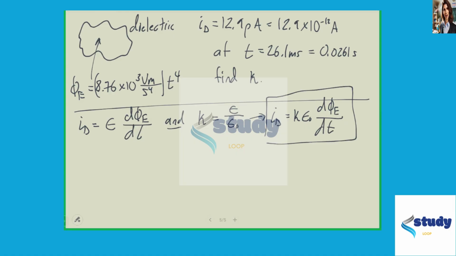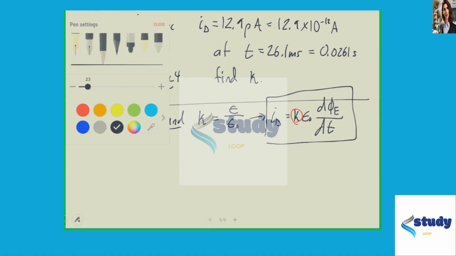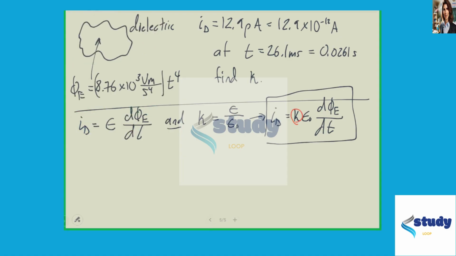So that's a nice starting point because now we have what we want directly in the formula right there. So let's calculate the rate of change of the electric flux because that is the most complicated term.